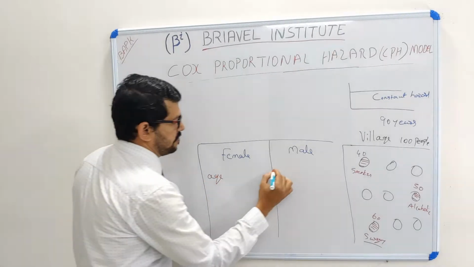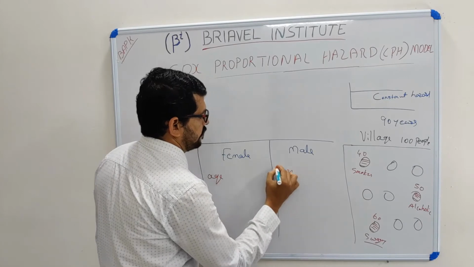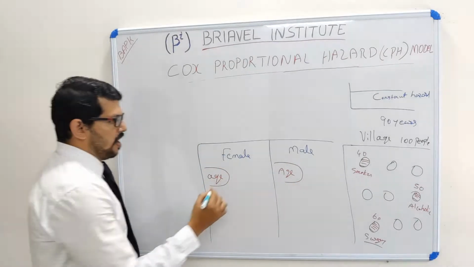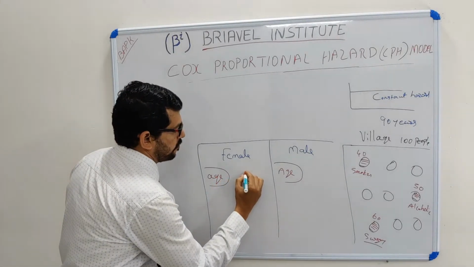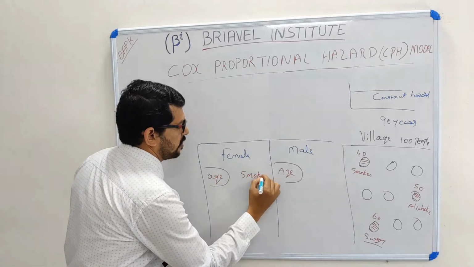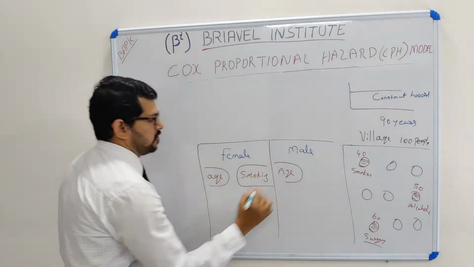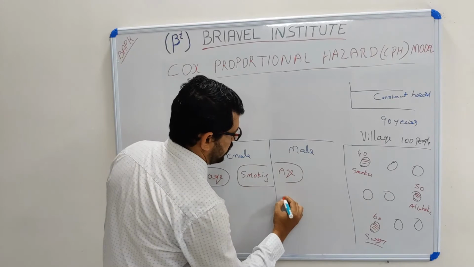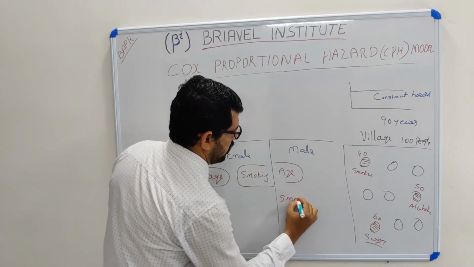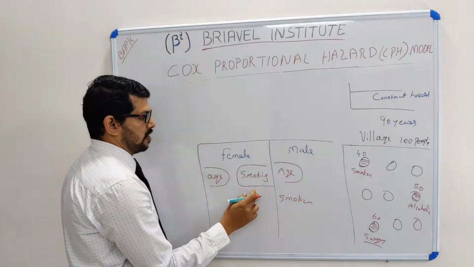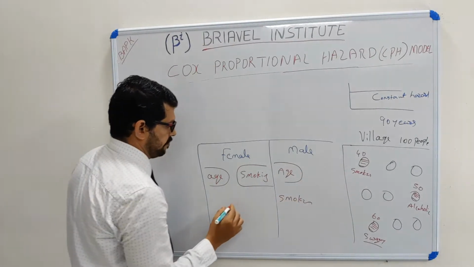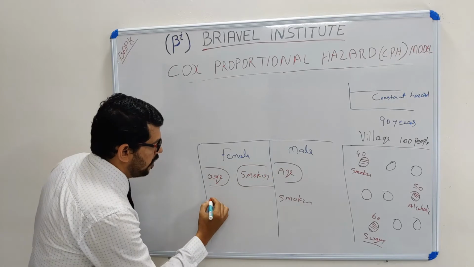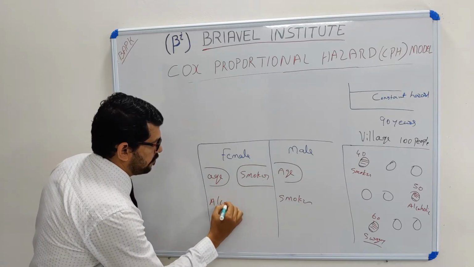Initially I took male and female. First, their age, I make one age group. Then their smoking behavior, whether heavy smoker, light smoker or non-smoker. Female smoker, male smoker. And alcoholic.